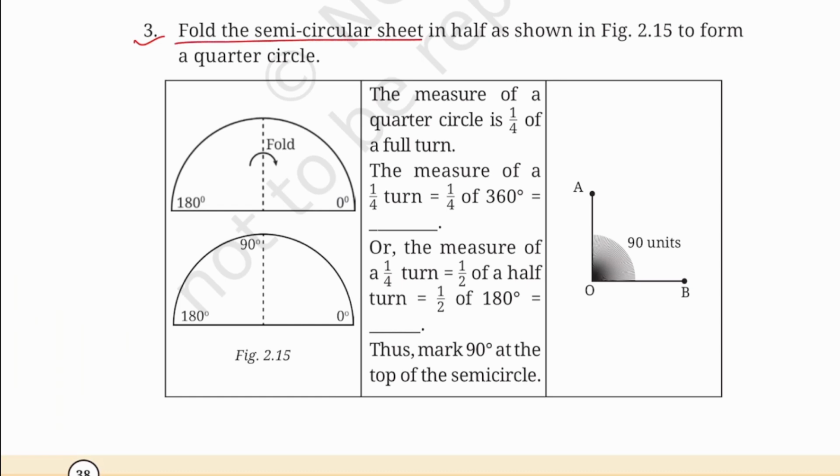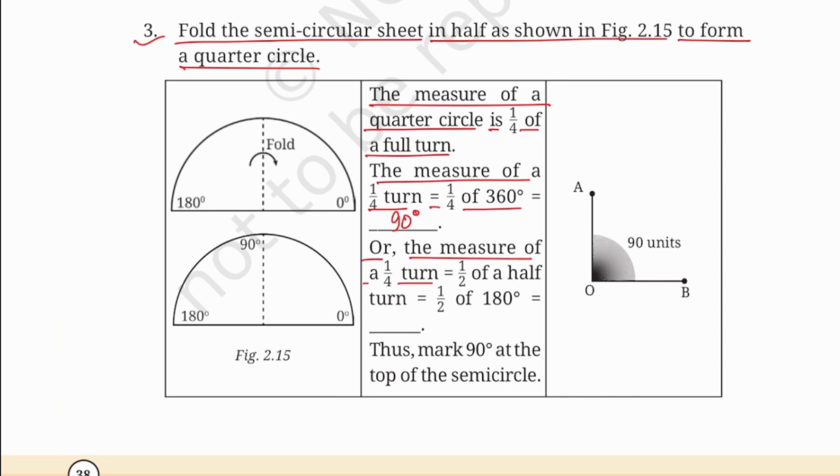Fold the semicircular sheet in half as shown in figure 2.15 to form a quarter circle. The measure of a quarter circle is 1 by 4 of a full turn. The measure of a 1 by 4 turn is equal to 1 by 4 of 360, that is equal to 90 degree. Or the measure of a 1 by 4 turn or half of a half turn is half of 180 degree is equal to 90 degree. Thus, mark 90 degree at the top of the semicircle, like this.